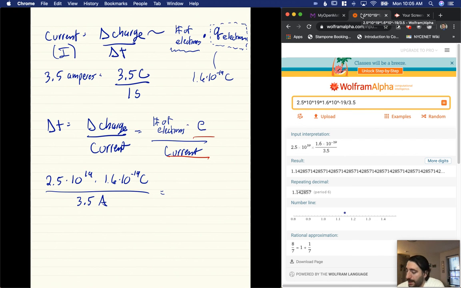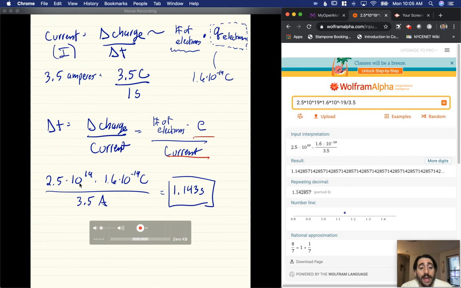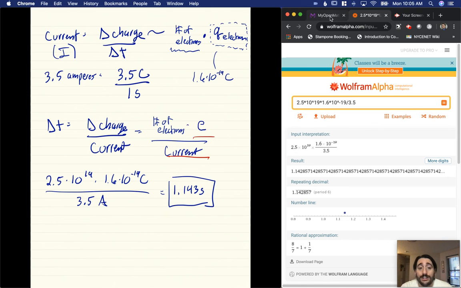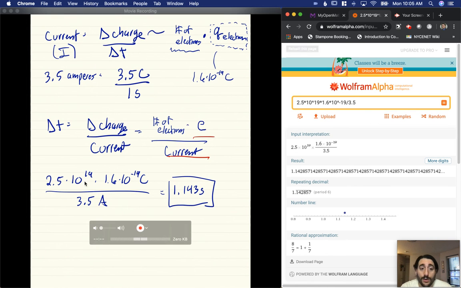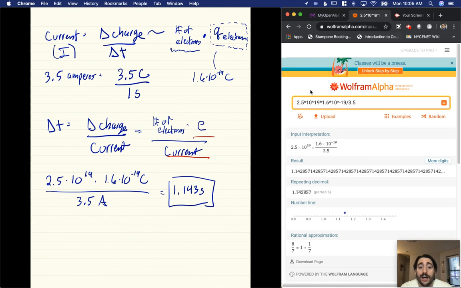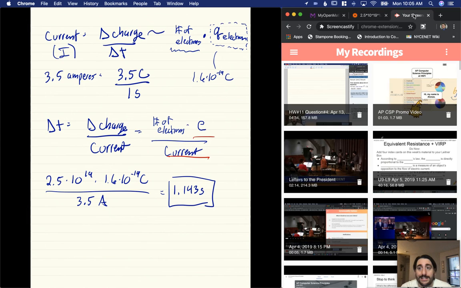And I'm going to get 1.143 seconds. Now, that doesn't seem like that much time, right? But remember that each individual electron has a very, very small amount of charge on it. So even though it's 10 to the 19 electrons, this number makes sense. All right.